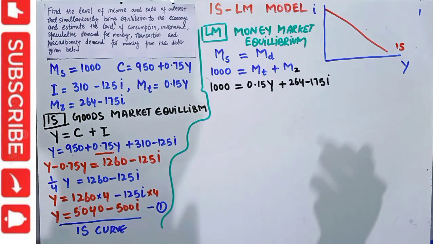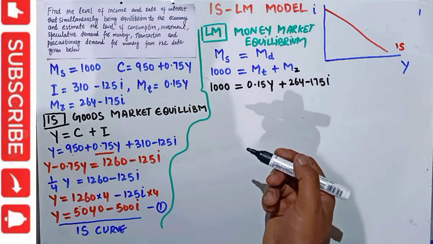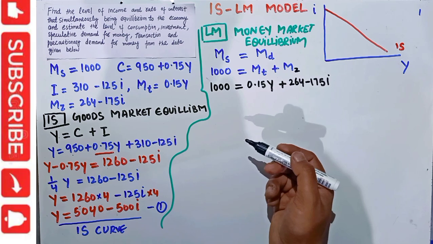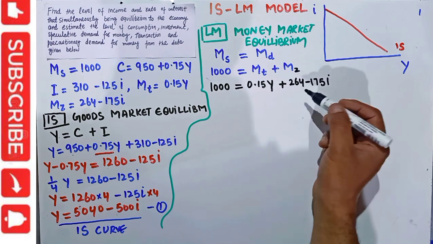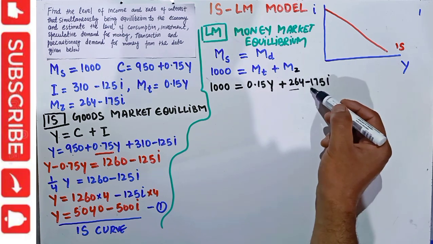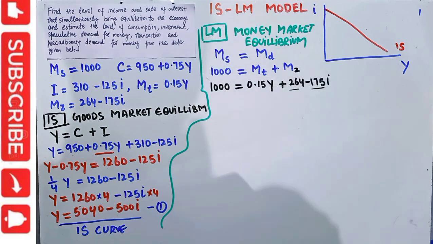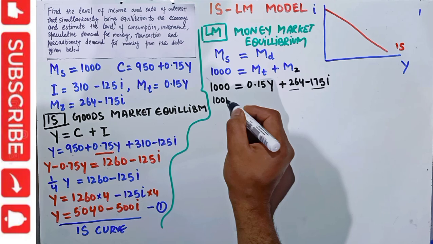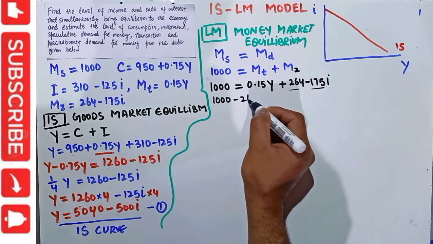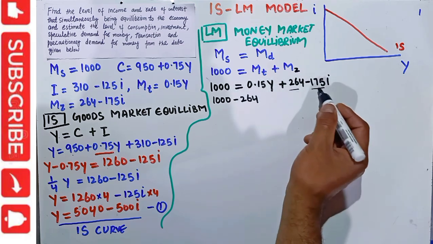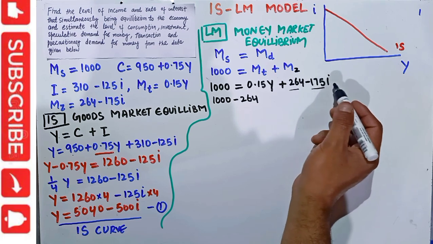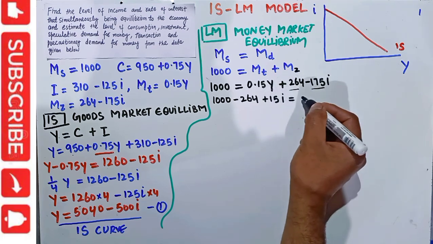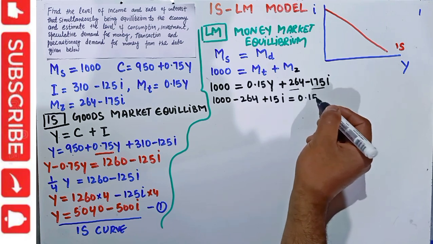Solving this for y. What will we do here? Let us transpose these terms to the LHS. So it will become 1000 minus 264 minus 175i, it will become plus 175i is equal to 0.15y.